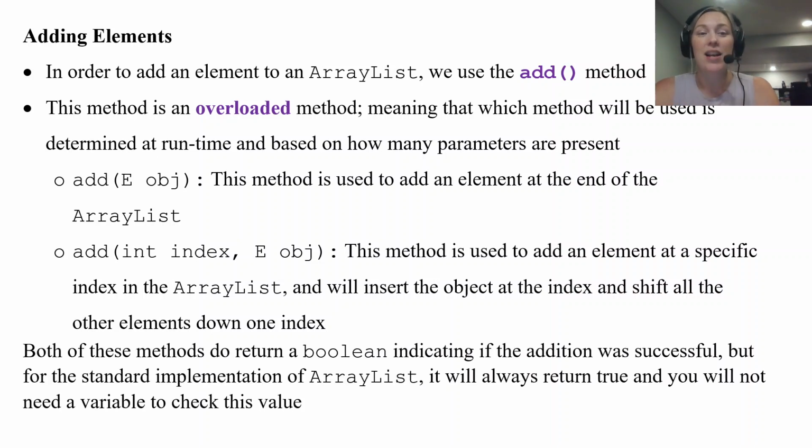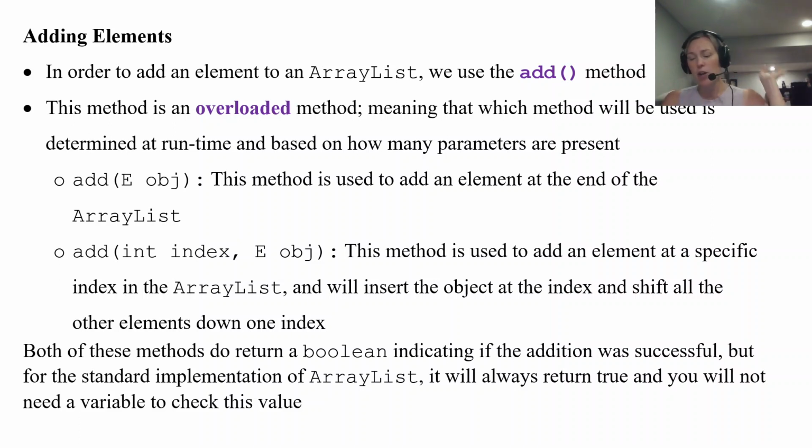Okay. So both of these methods do return a Boolean, letting you know if the addition was successful. But for the standard implementation, it'll always return true. And you don't necessarily need a variable to catch the fact that it returns true. In fact, you'll see in most of the code, we don't use a variable to catch true.